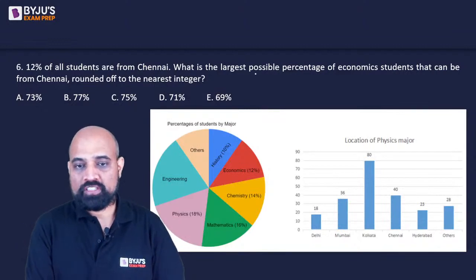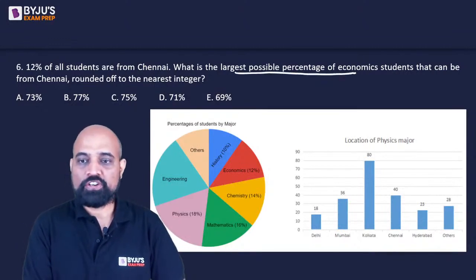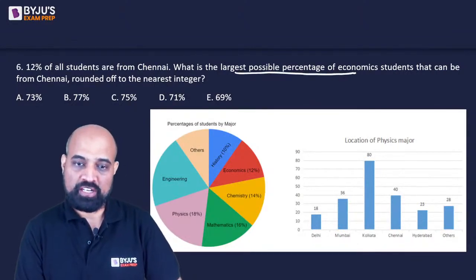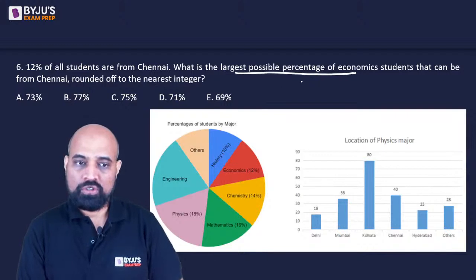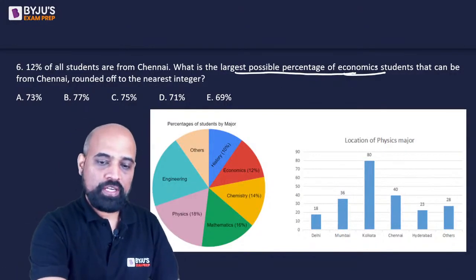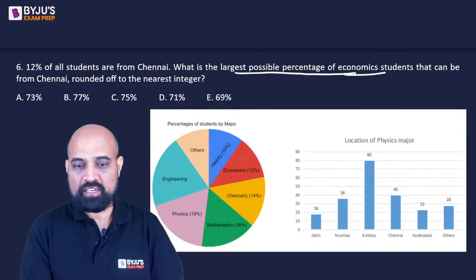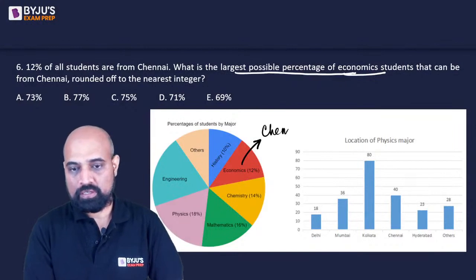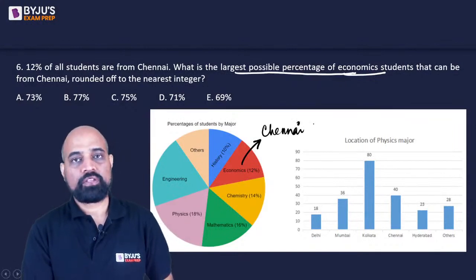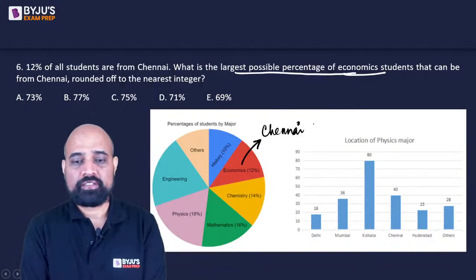Since we want the largest possible percentage of economic students that can be from Chennai, economic students. So what we can do is we can say कि all of these students they are from Chennai only. सारा 100% चेन्नई से, right?